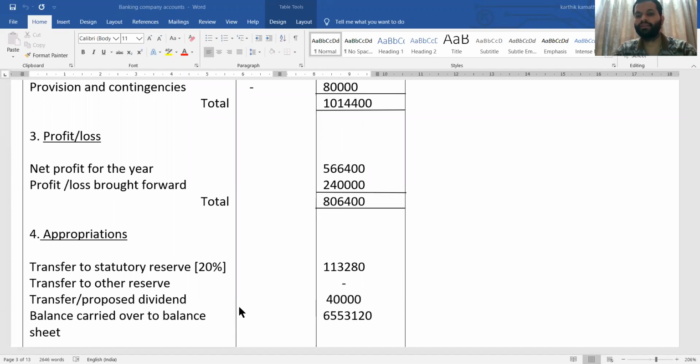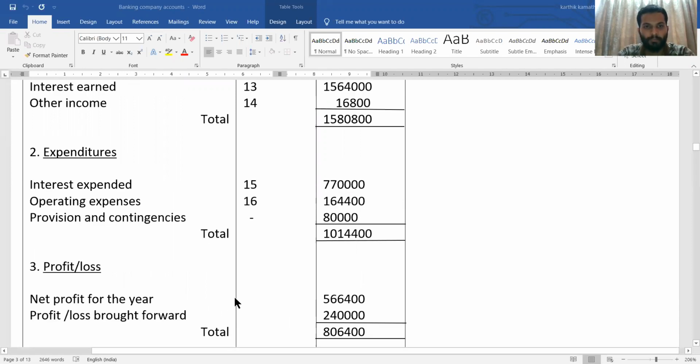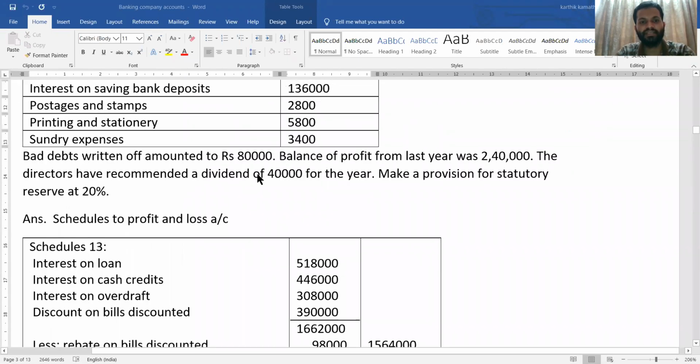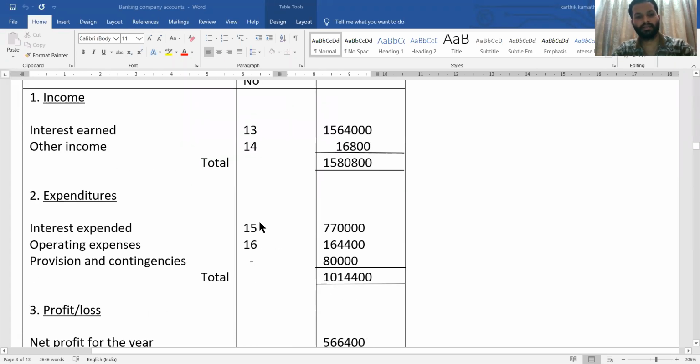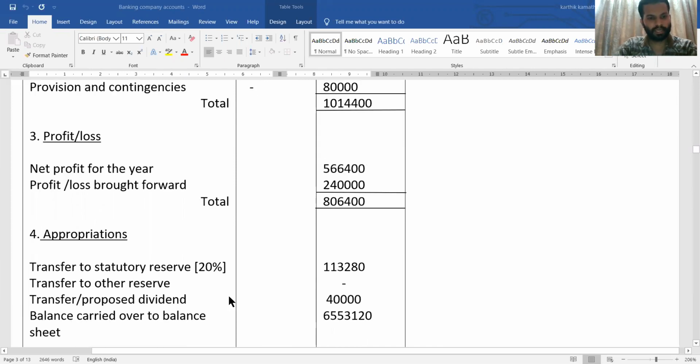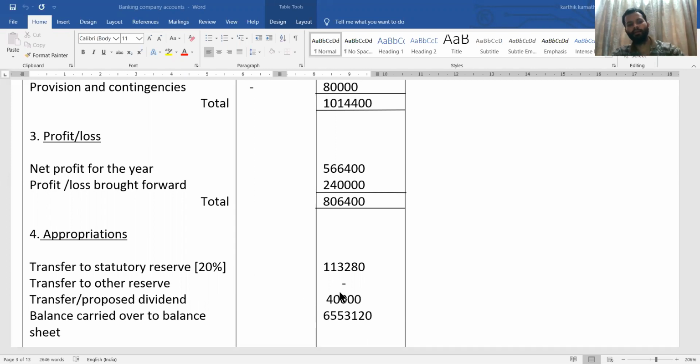Transfer to other reserve, there is no information. Then proposed dividend. Here, proposed dividend information is given in the question. If you see the question, directors have recommended a dividend of 40,000 for the year. So 40,000 is the dividend directly, no need to calculate, or else on share capital you would need to calculate. So here we are directly going to write proposed dividend 40,000. Now the last very important thing, balance to be carried over to the balance sheet.